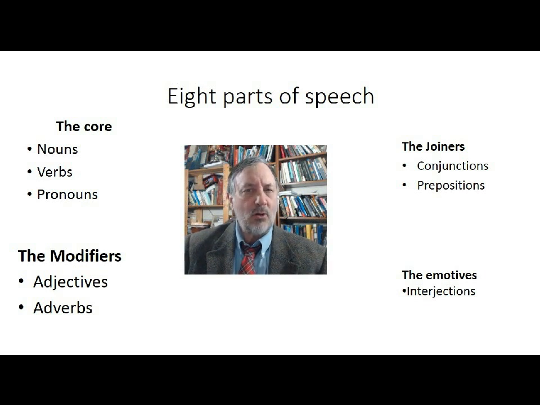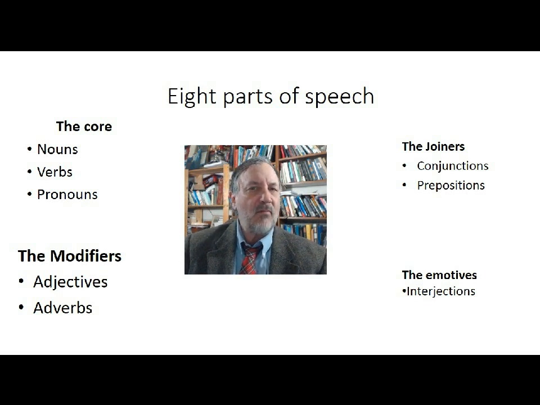Then you have what you might call the joiners. These are the conjunctions such as and, or, but, although, words like this, and prepositions, which also join parts of speech to one another, either parts of a sentence or words. So on the table, or in the baseball diamond, things like this, okay?